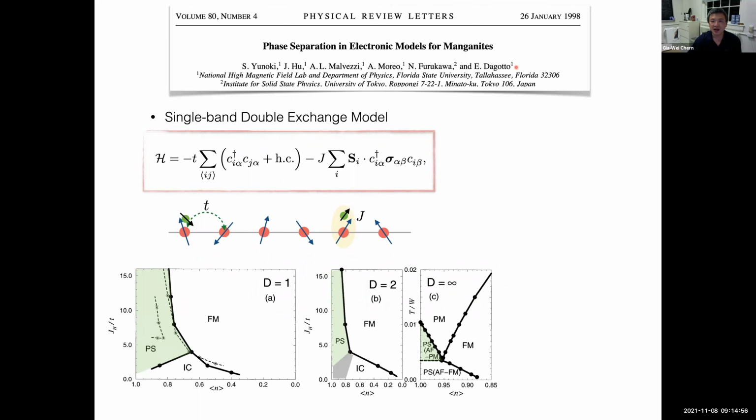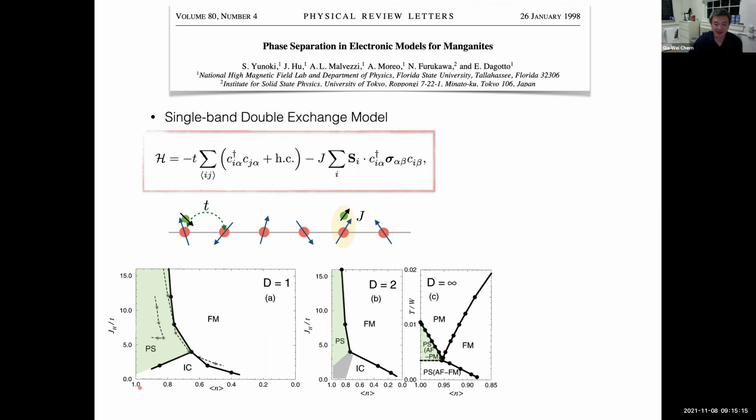So in this work from Dagotto's group, they use various different methods like DMRG, exact diagonalization Monte Carlo, and also DMFT methods. So they have obtained the phase diagram of this single band double exchange model.